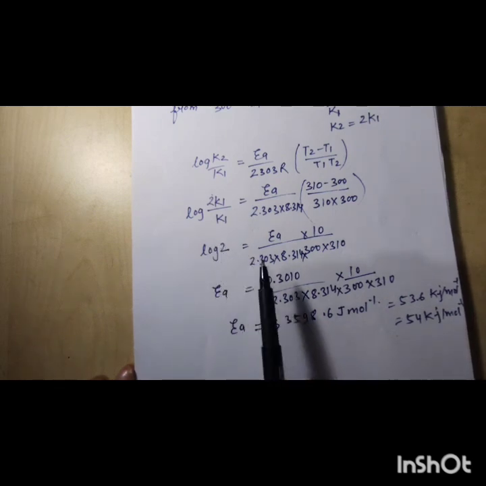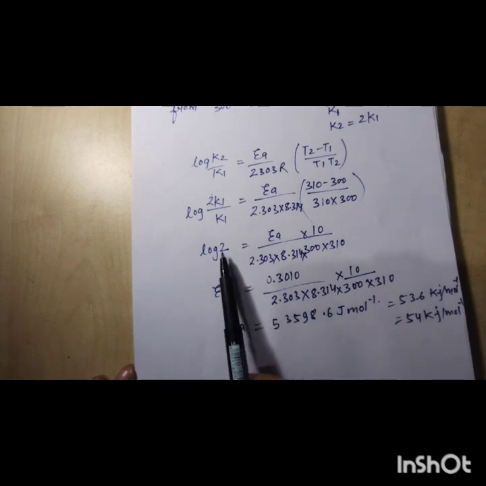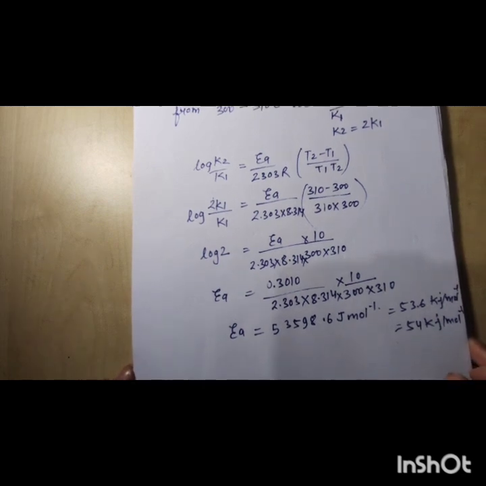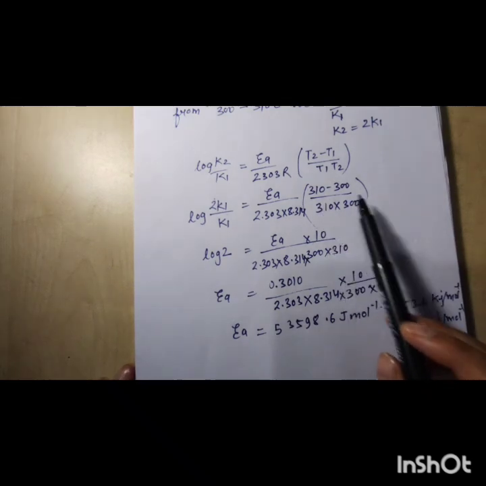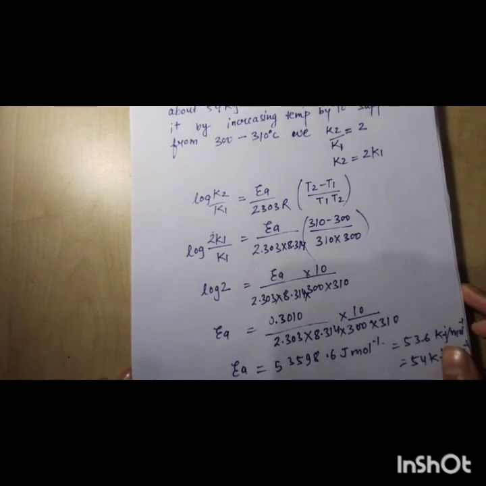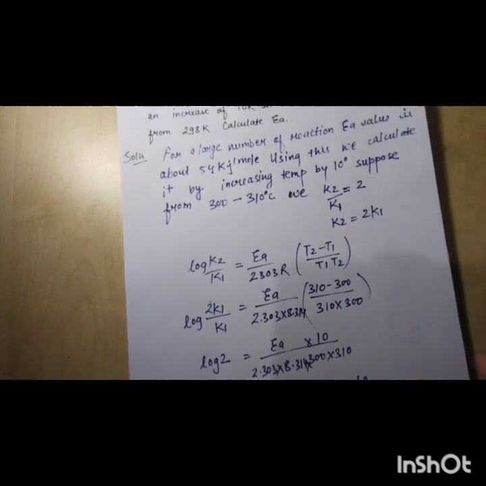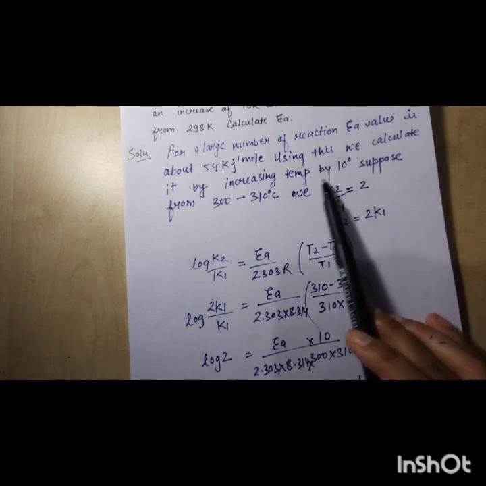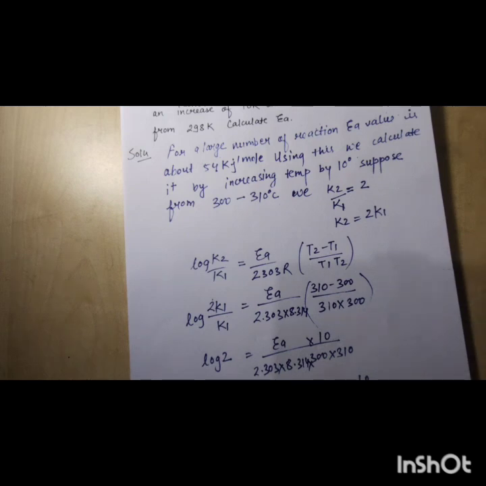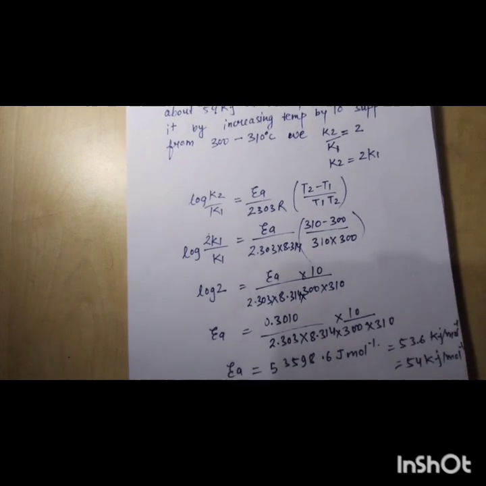So that's the derivation after taking a 10-degree rise of temperature. If we increase the temperature by 10 degrees, then the rate constant will automatically double, and EA value will be 54 kilojoule per mole.